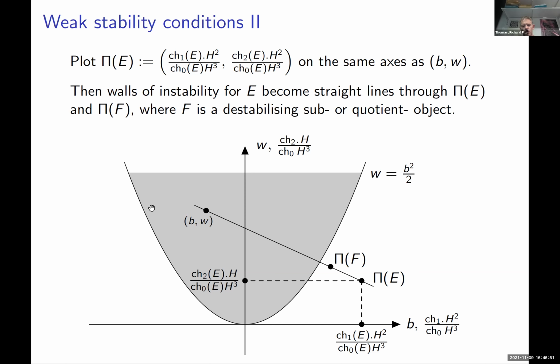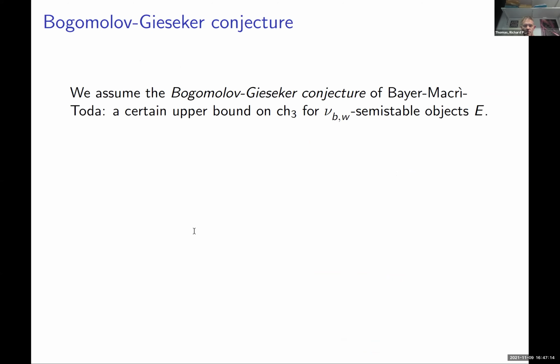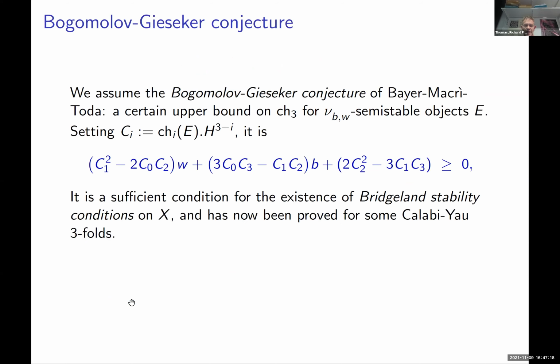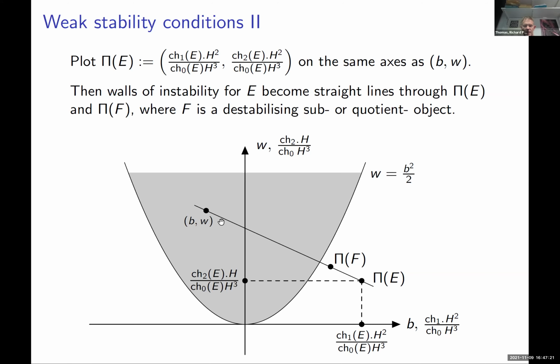And then if you join your stability condition to your object, your Chern character E, then the straight line joining them, its slope is the slope of E in the stability condition BW. This new BW here, this slope here, that is the slope of this straight line.